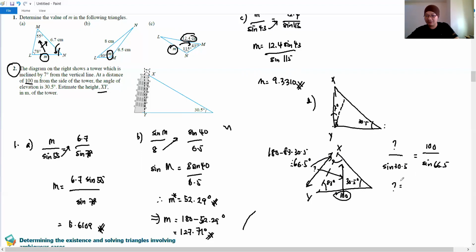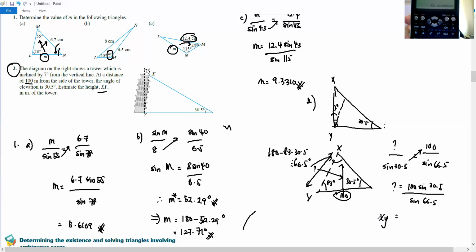So the question mark, or the XY length, is equal to 100 times sine 30.5 over sine 66.5. That is your answer for XY. When we compute 100 sine 30.5 divided by sine 66.5, this is the answer that we are supposed to get.